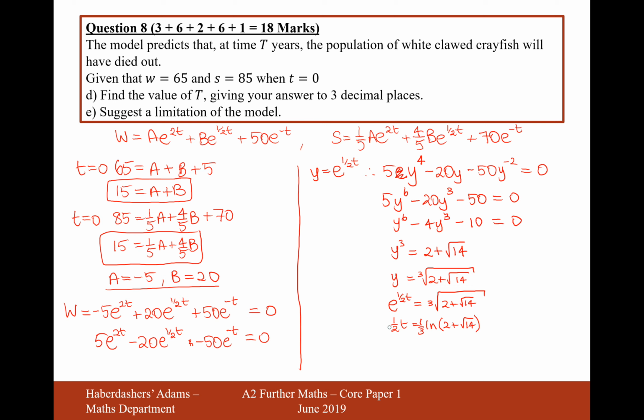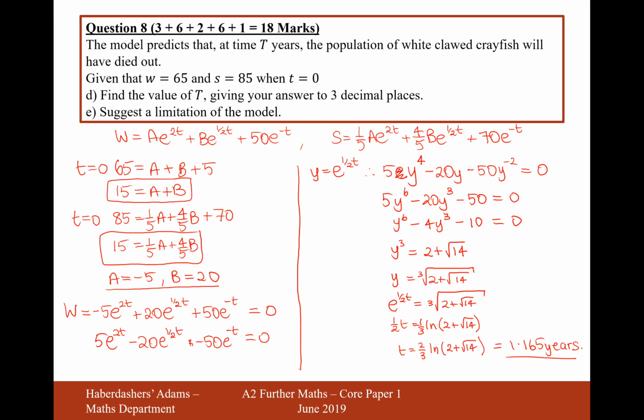And then times by 2, so it's going to be t equals 2 over 3 ln 2 plus root 14. And you work that on the calculator, and to 3 decimal places it is going to be 1.165 years. I think that's the unit of time there. Okay, so there we are. That's the answer for part D.